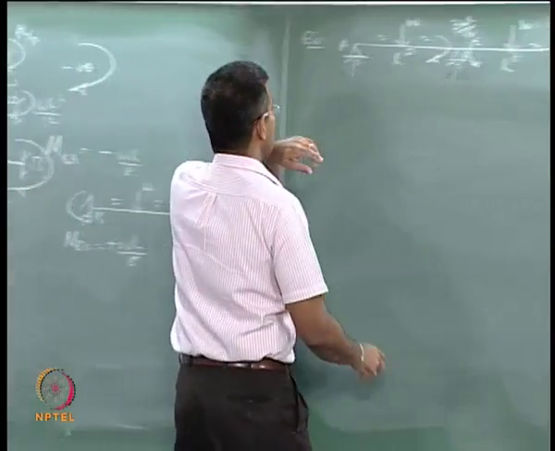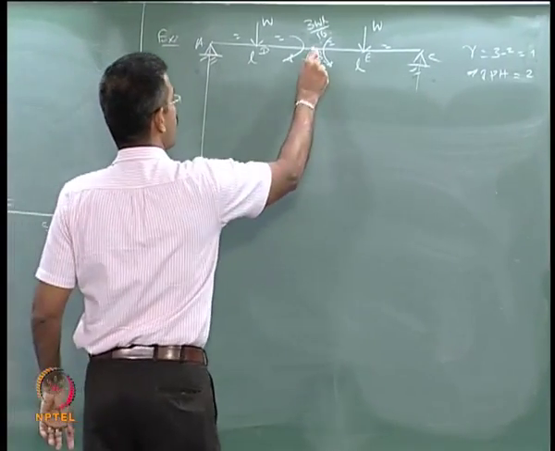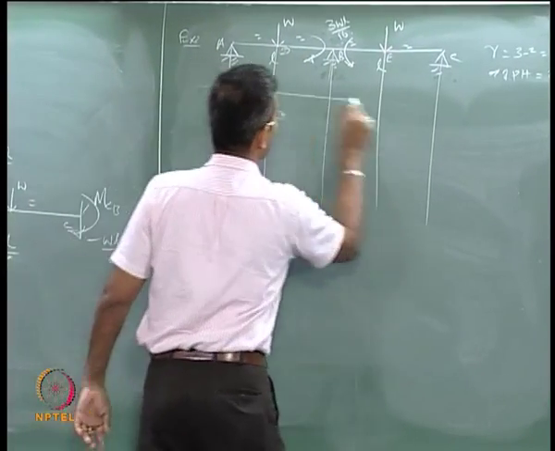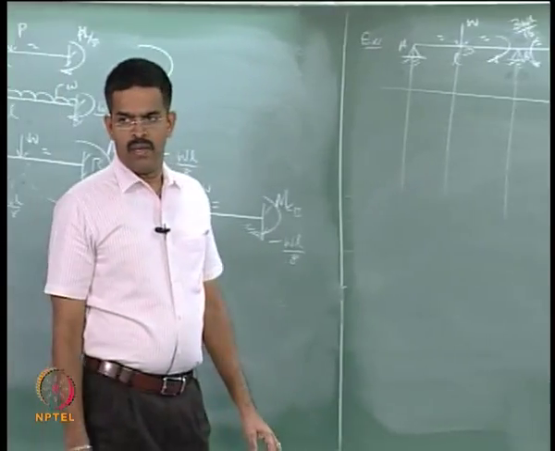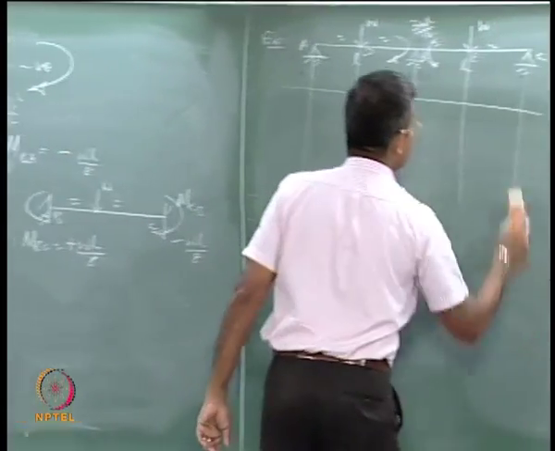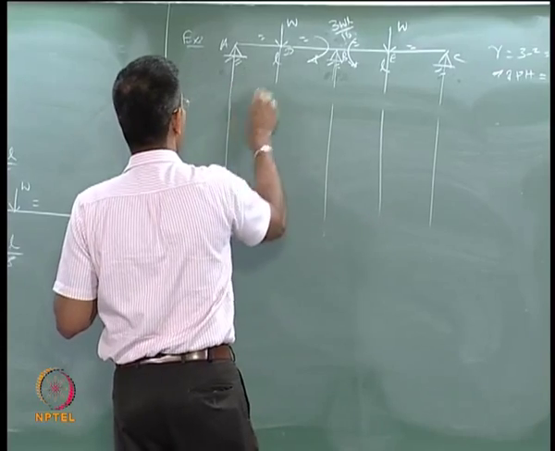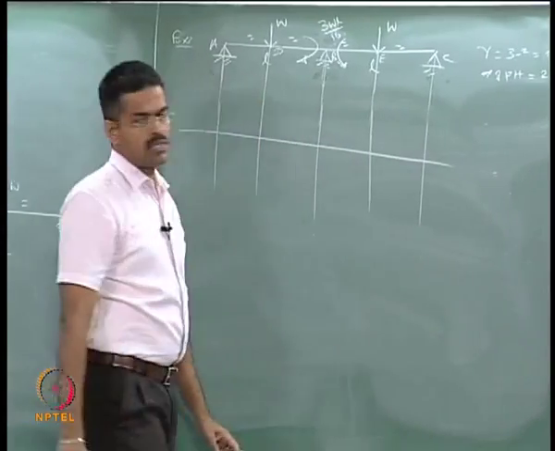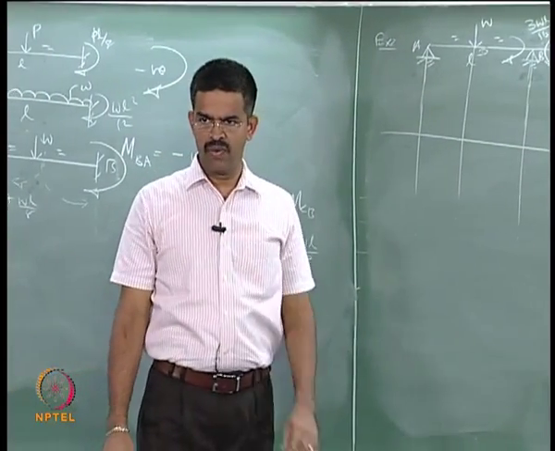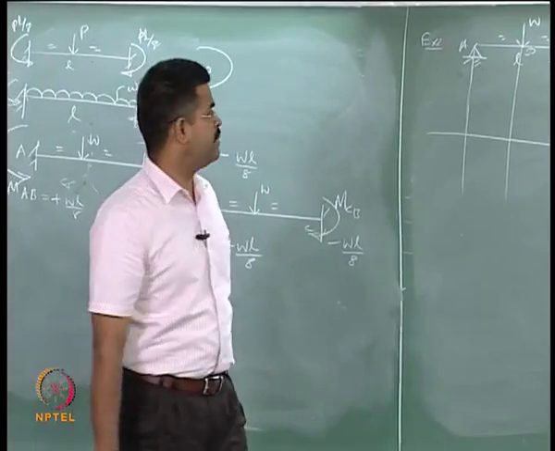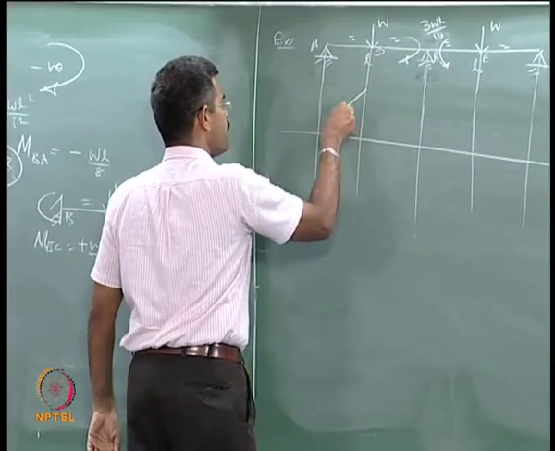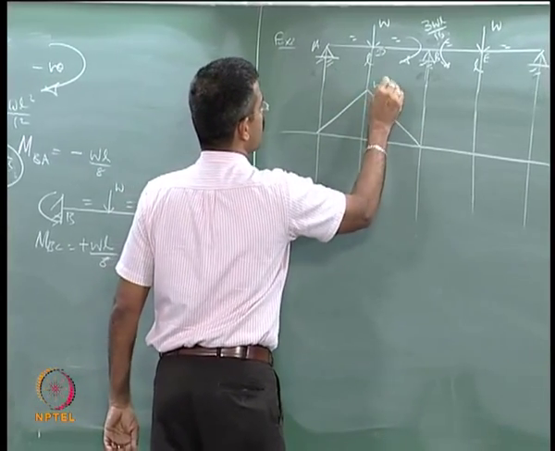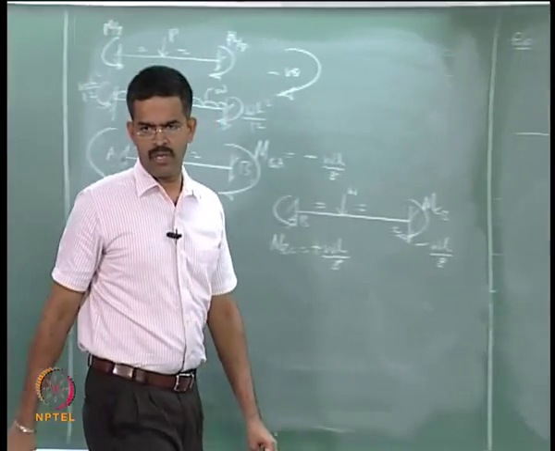Now, let us do the static method. I am drawing both the positive and negative bending moment on the same side, instead of flipping it later. So, if I do this first for here, what will be this value? WL by 4, is it not?